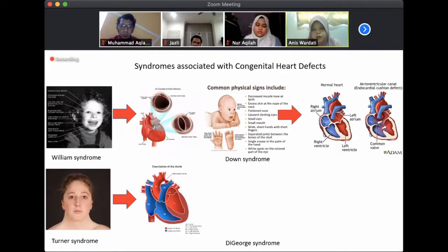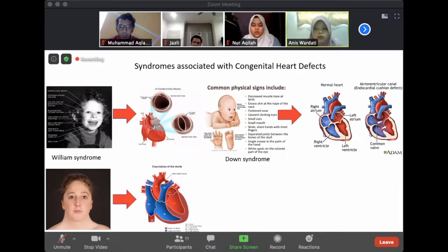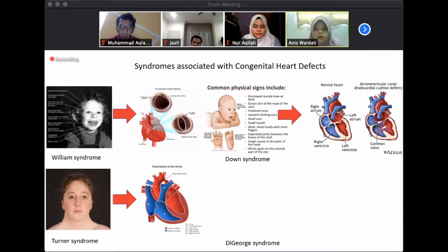At the eyes, there will be upward slanting, which means the temporal feature is higher than the nasal feature. There will also be epicanthic folds, small low set ears, a small mouth and a protruding tongue. And that is for the face.